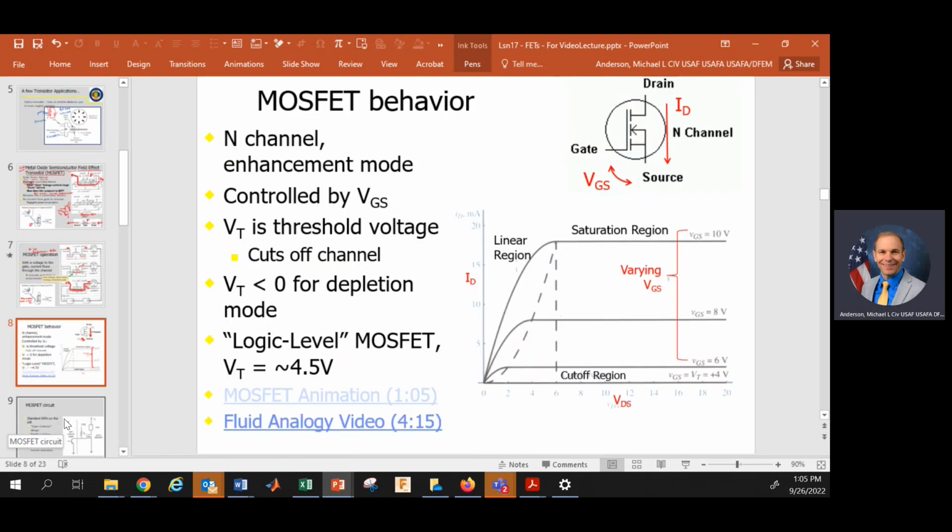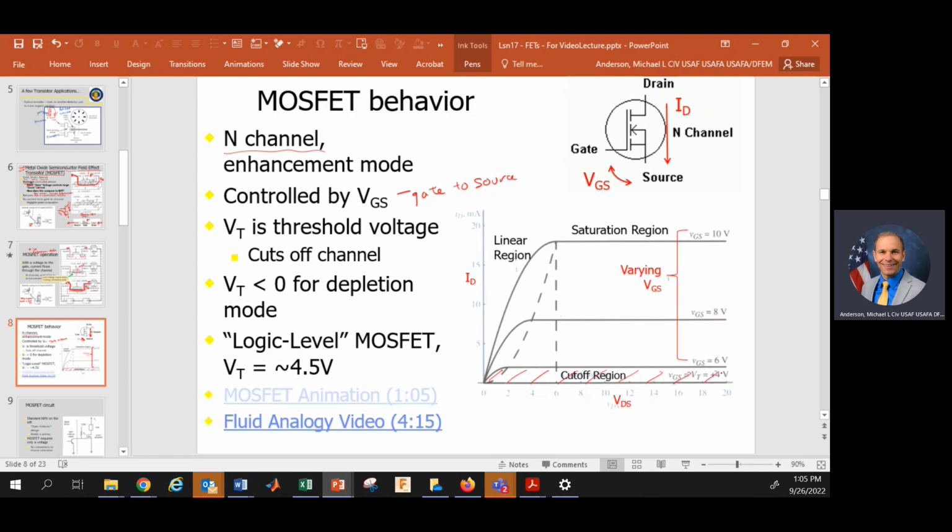Okay, next slide, we're going to look at the characteristic curve of how this guy works. So again, this is an N-channel enhancement mode MOSFET. It is controlled by the gate to source voltage, V_GS. In order for this thing to work at all, down here is the cutoff region.